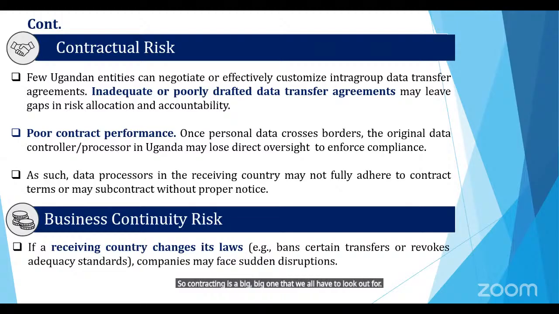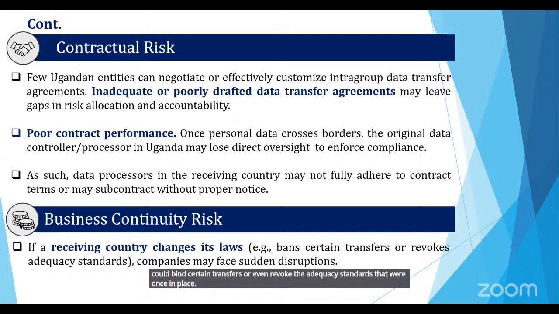Lastly, there's also business continuity risk. This can arise where the receiving country changes its laws. For example, it could ban certain transfers or even revoke the adequacy standards that were once in place.